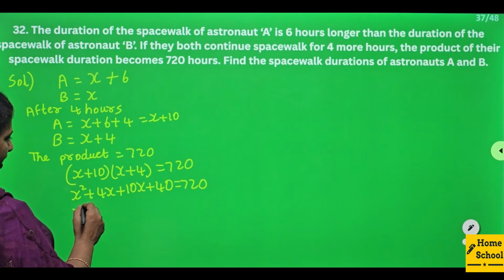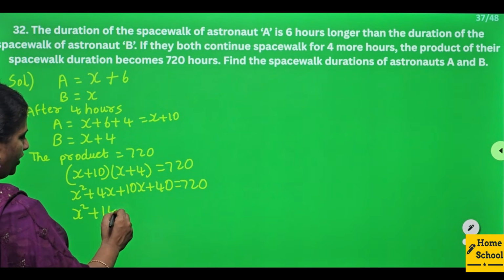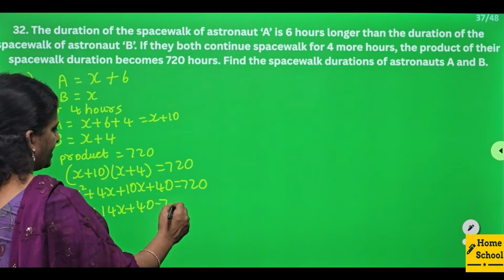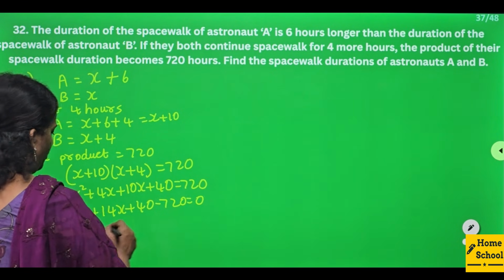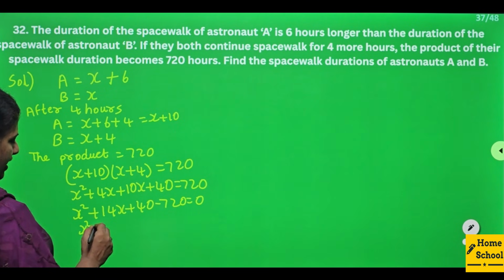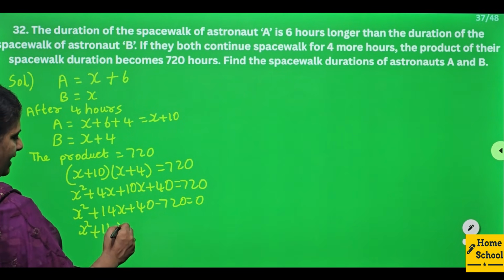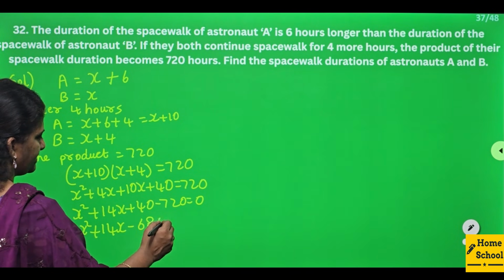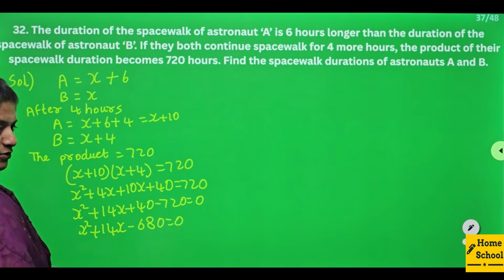X square plus 14X plus 40 minus 720 equal to 0. X square plus 14X, 40 minus 720 will be minus 680, equal to 0.